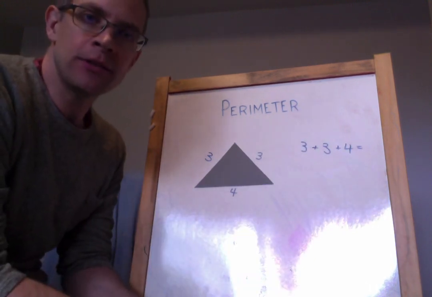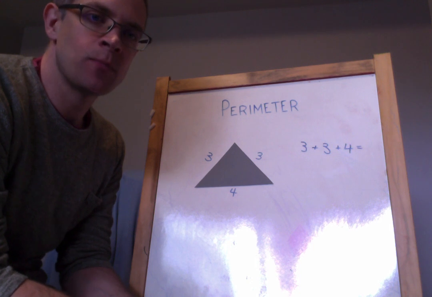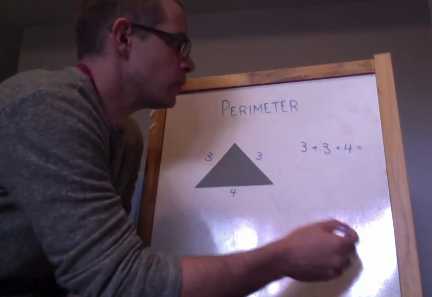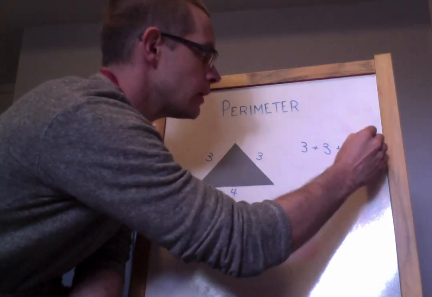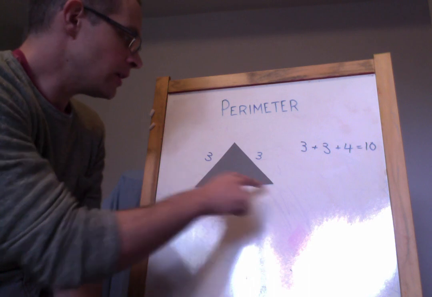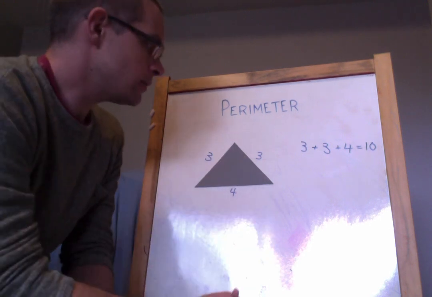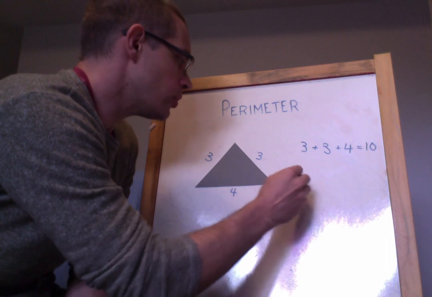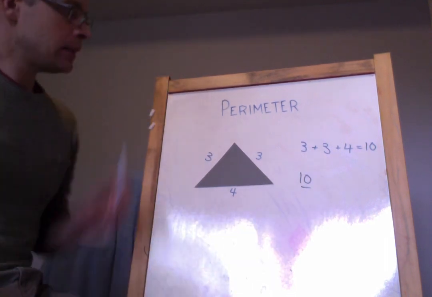Take a couple seconds. Okay, 3 plus 3 plus 4 gives us 10, right? 3 plus 3 is 6, add 4 gives us 10. So the perimeter of this polygon, a closed shape with straight sides, a triangle in fact, is 10.